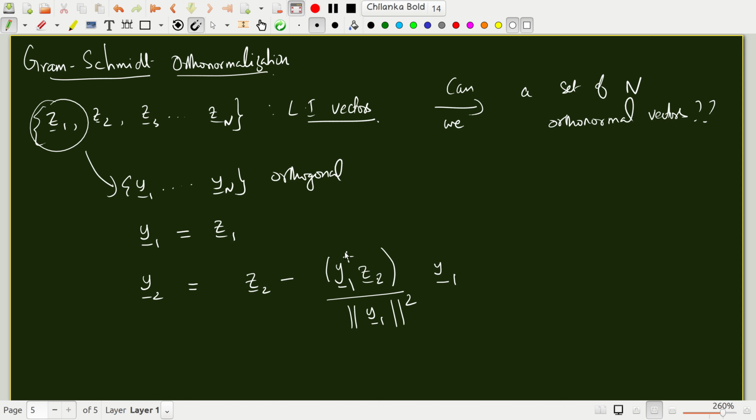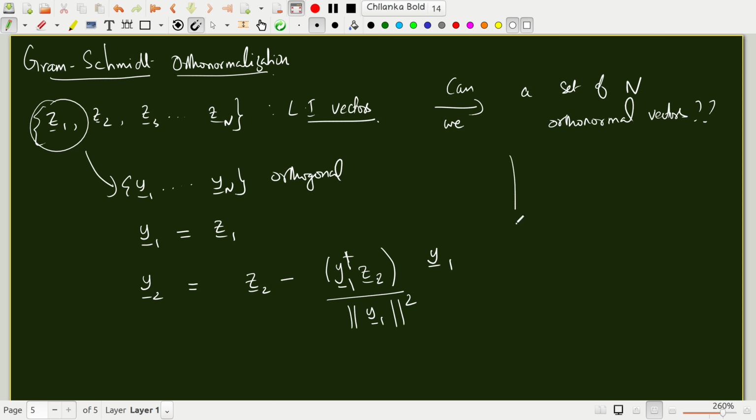Because it's an inner product, the first thing has to be the Hermitian conjugate, so this is the inner product of y1 and z2. Because I want to write it in terms of unit vectors, I'm dividing. I have to subtract this projection multiplied by this direction, and that direction is y1. But if I want a vector with unit norm, I divide by mod y1. Because there are two y1s, I'm dividing by mod y1 squared.